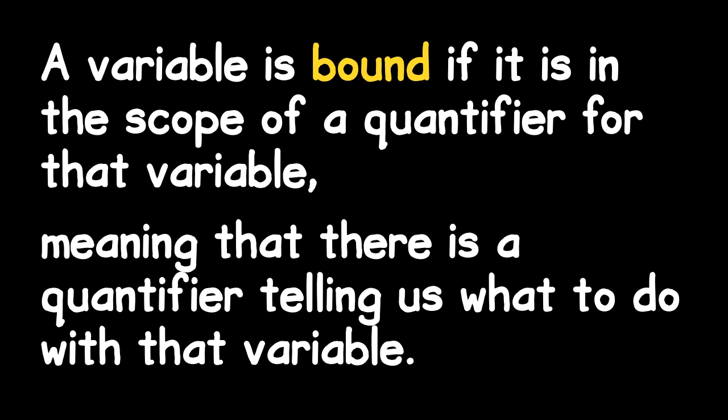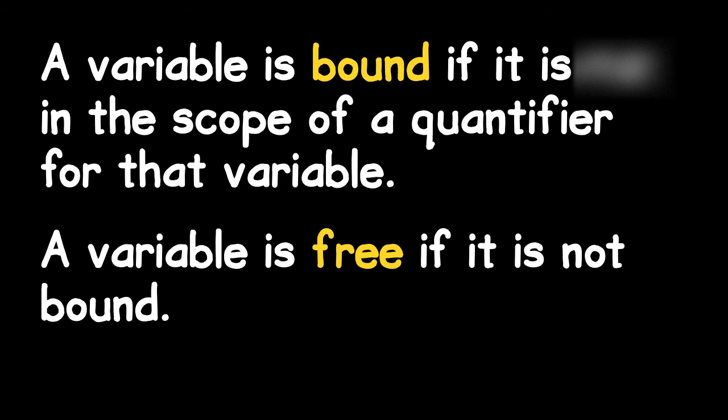This allows us to say that a variable is bound if it's in the scope of a quantifier for that variable, meaning that there's a quantifier telling us what to do with that variable. So a variable is bound if it's in the scope of a quantifier. A variable is free if it's not bound.